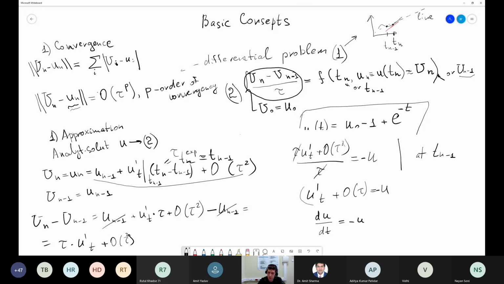If you compare these things, you will see that the difference between these two formulas is approximately O of tau. This is the property of our proposed algorithm. We could use another formula here and obtain another error term. Yeah, we can use here some special difference using u at n minus 1 and n plus 1 to obtain the second order of approximation.